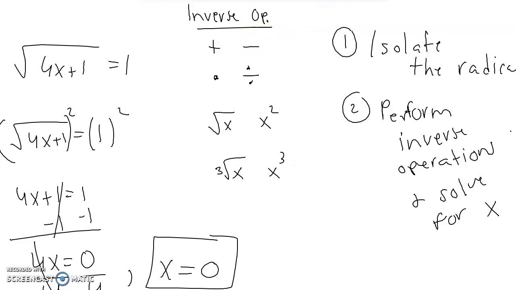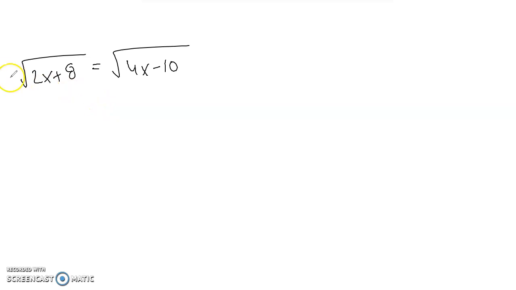Okay, let's take a look at another example. We have the square root of 2x plus 8 equals the square root of 4x minus 10. Okay, first step is I'm going to isolate the radical, and they're already isolated.